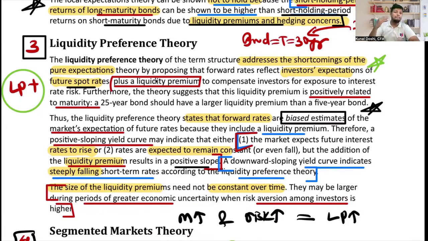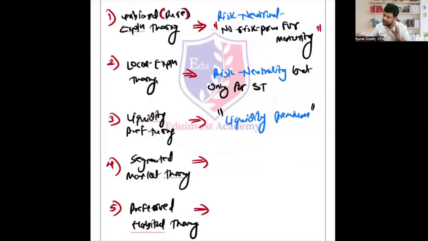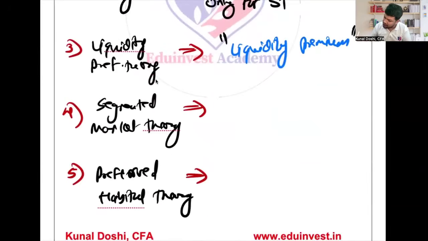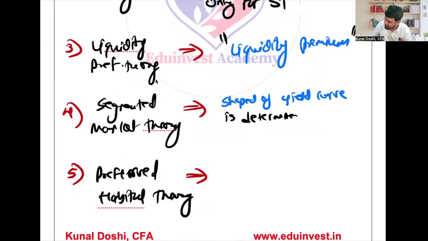Got it? But what is segmented market theory? Segmented market theory says that the yield shape is determined by the preference of borrowers and lenders. So here we write: the shape of the yield curve is determined by the borrowers and lenders.